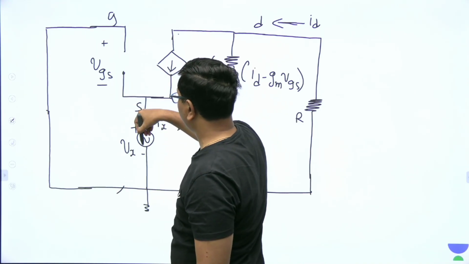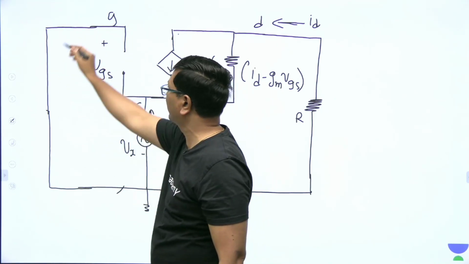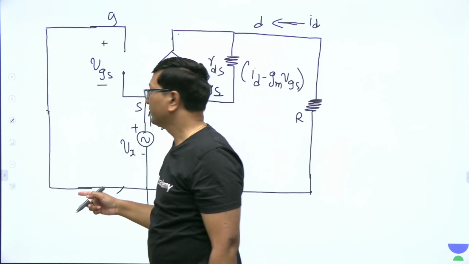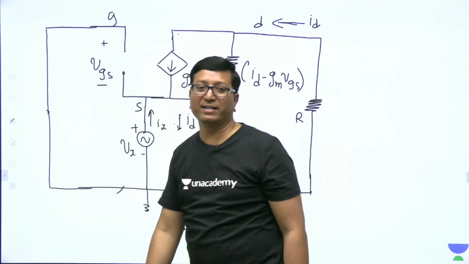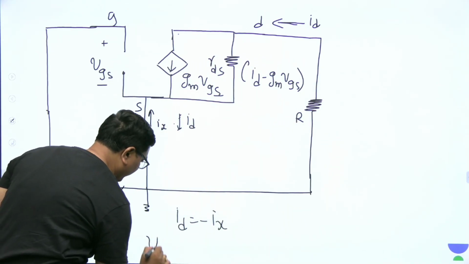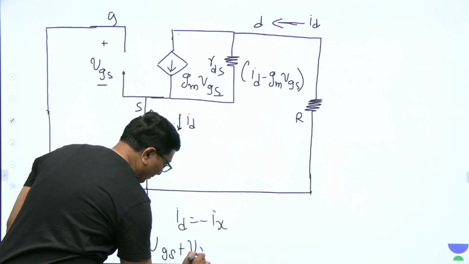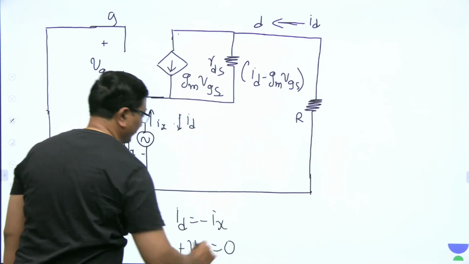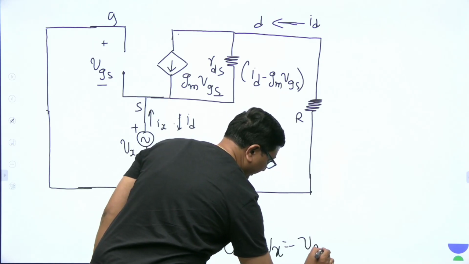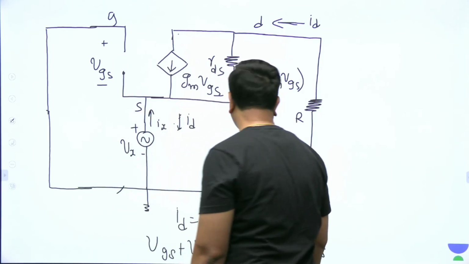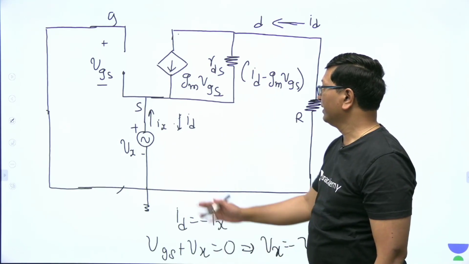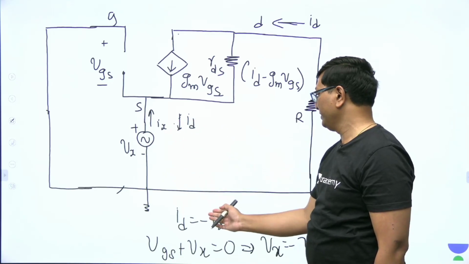From this, if you take this loop equation, we can write VGS plus Vx is equal to 0, that is, Vx is equal to minus VGS.